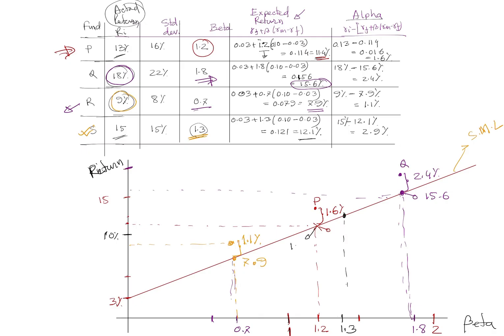So let's say 11.4. And this value is 12.1%, but actually they got 15. So in here, and this value is 2.9%. So this is the, what do you call it, security market line.